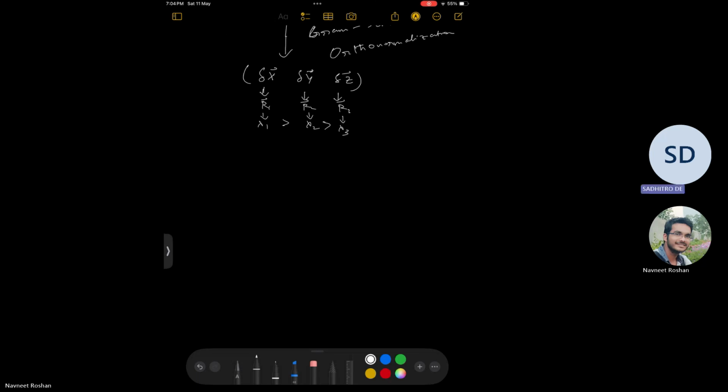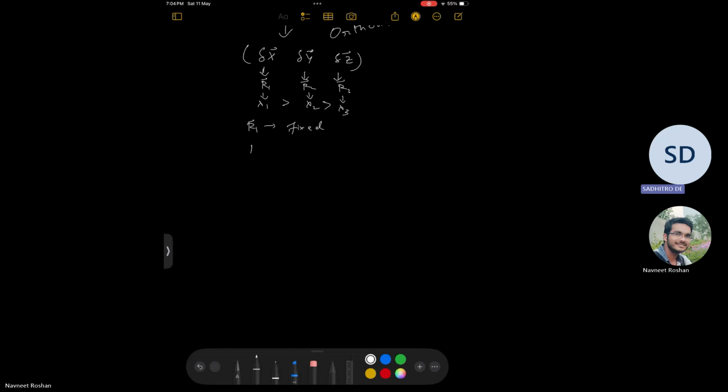So what we do is that we keep R1 fixed, and then we try to orthogonalize the second one with respect to the first one. Suppose the angle between R1 and R2 is theta. That implies that R1 dot R2 is equal to R1 R2 cos theta, or the projection of R2 in the direction of R1 is given by R2 cos theta. Then we need to take a projection in the other direction, right?